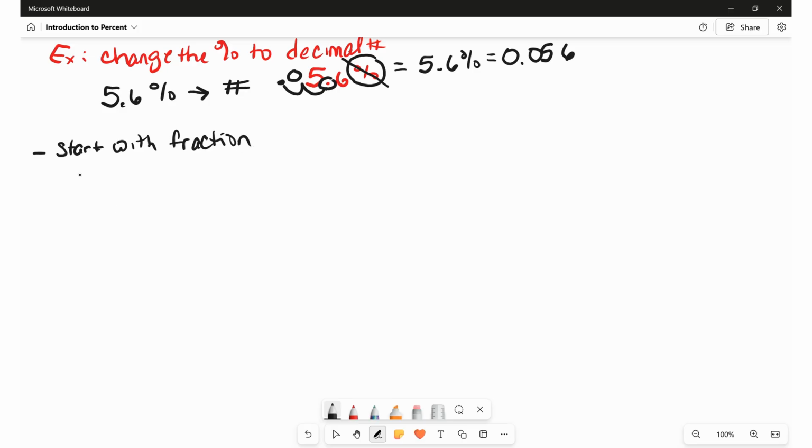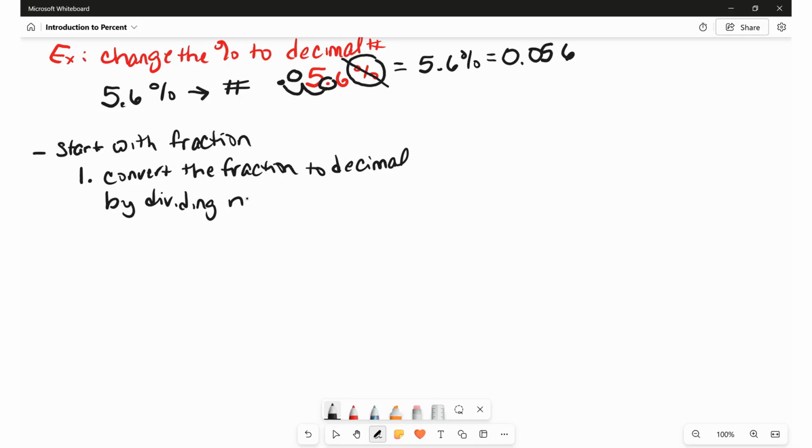When we start with a fraction, step number 1 is going to be to convert the fraction to a decimal by dividing our numerator by the denominator.